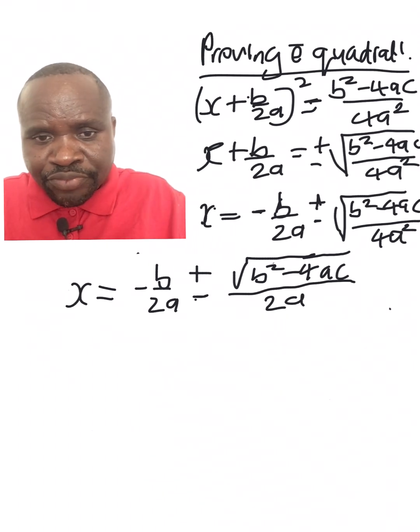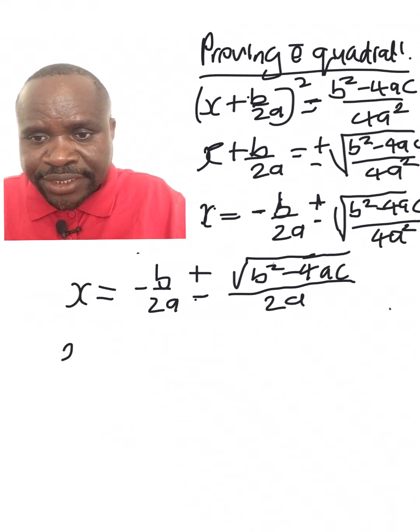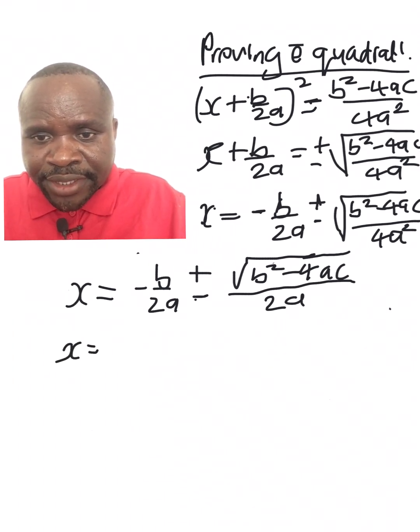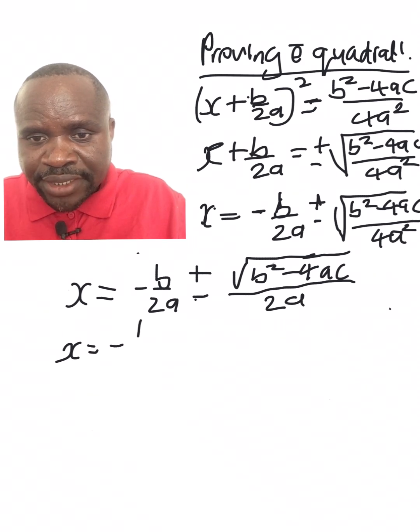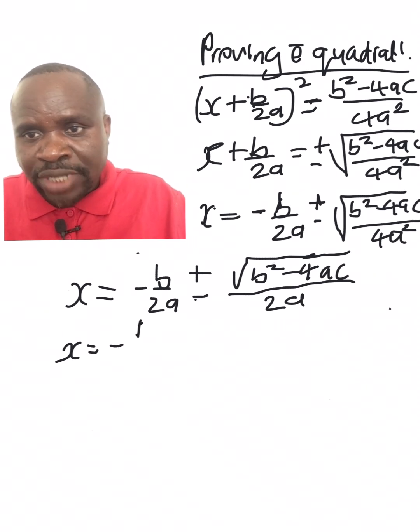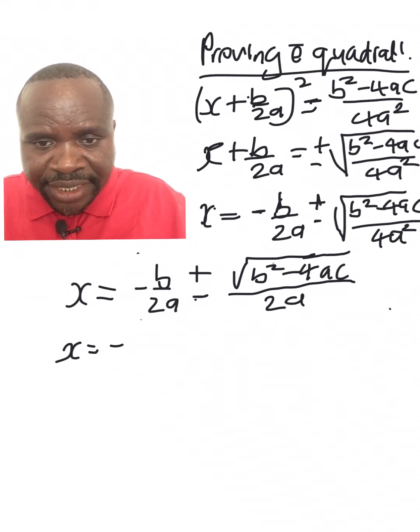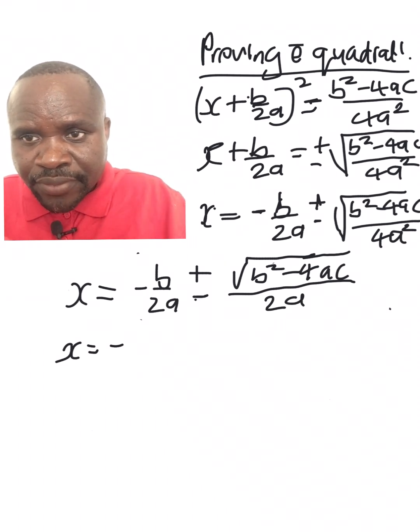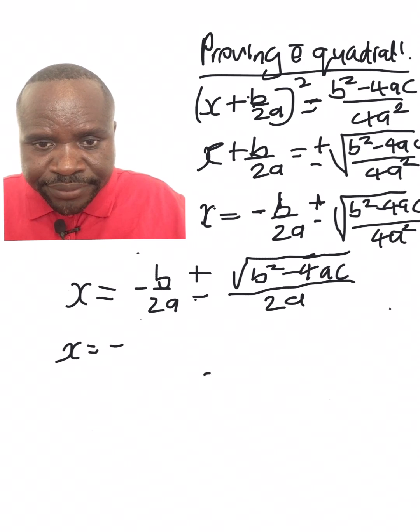Now we come here, x is equals to minus, and the next step, the common denominator here is what? It is 2a.